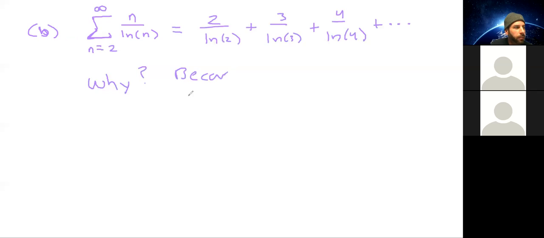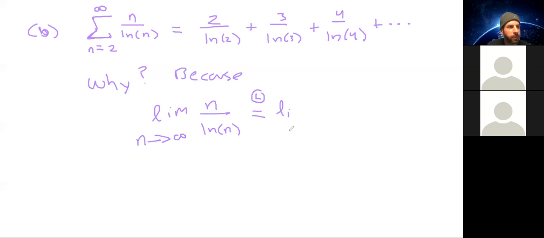Well, again, we look at the limit. Let's look at the limit as n goes to infinity of n over log n. How do we compute this limit? Well, if I just plug in n equal to infinity, I have to use L'Hopital's rule because I get an indeterminate form. You might remember L'Hopital's rule from way back in Calc 1. L'Hopital says I can differentiate the numerator and the denominator and then take the limit.